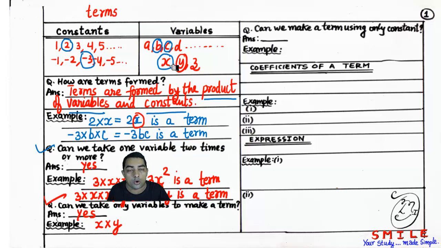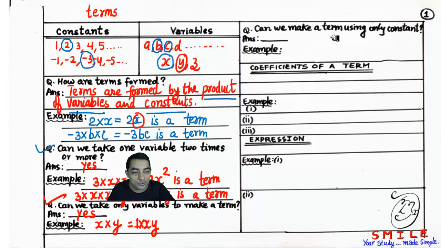This time I am taking only variables x and y. When you multiply x and y, the answer is xy. And we all know if nothing is there in front of x and y, there is always a 1 multiplied with x and y. So it is nothing but 1xy. So even if you are not taking any constant, 1 automatically comes, right?